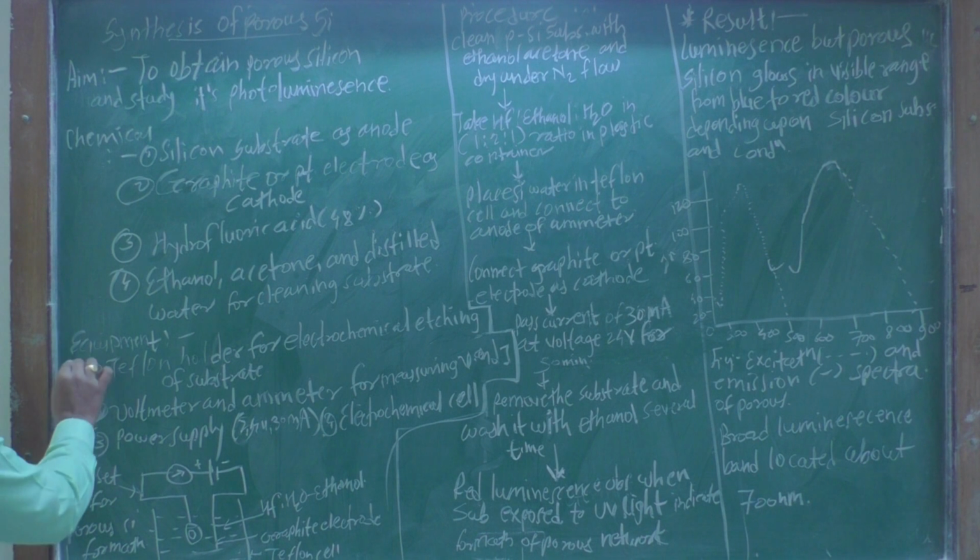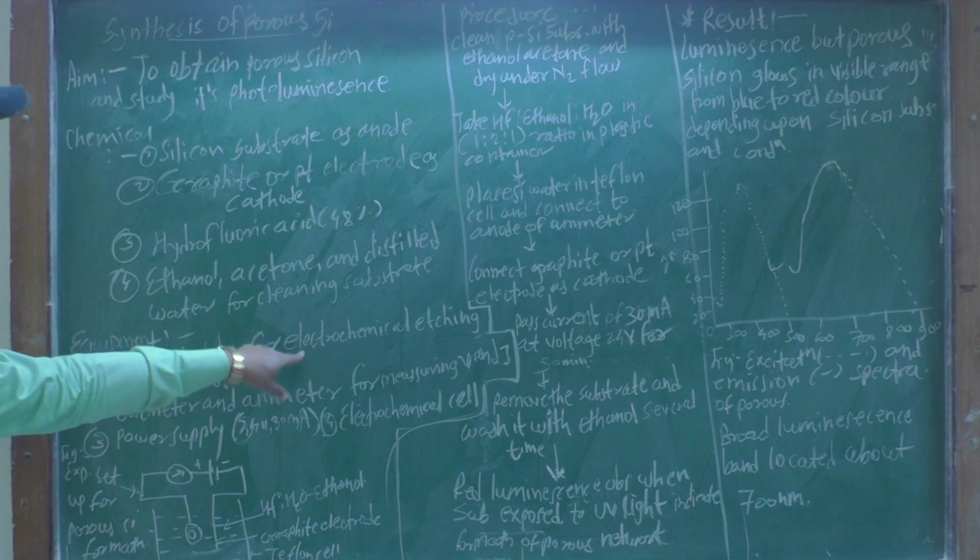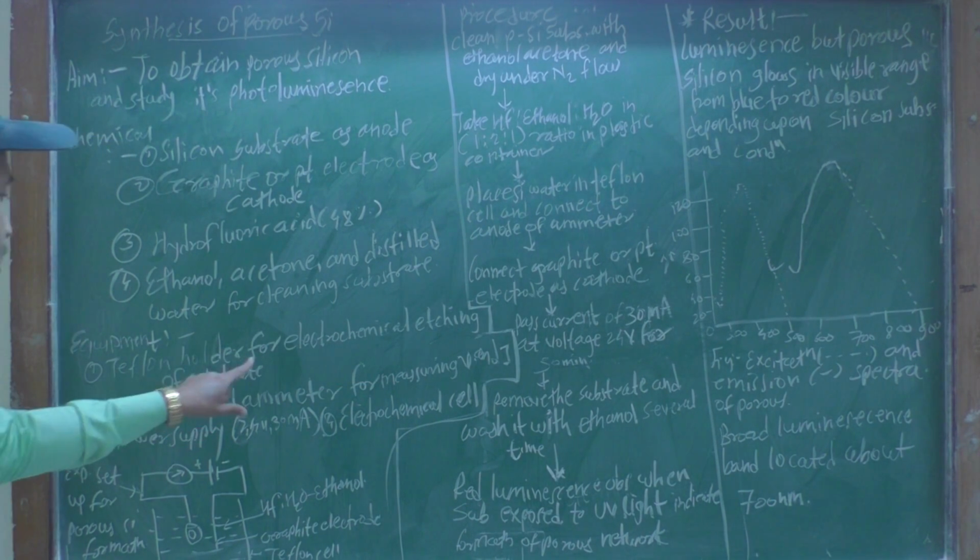Secondly, the equipment. Which equipment do we use in this synthesis of porous silicon? Firstly, the Teflon holder for the electrochemical etching of the substrate.